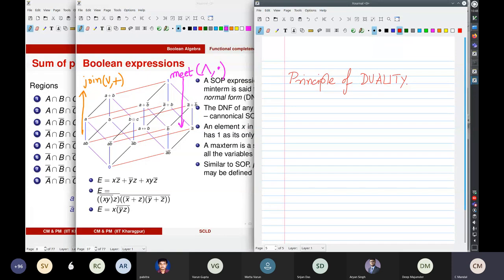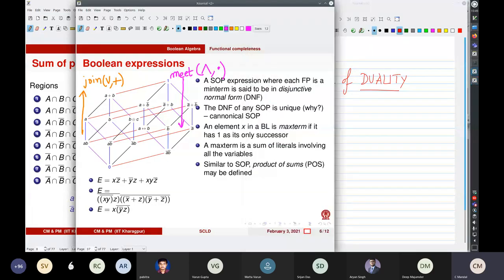All right. So you can interchange these operators, and so any theorem in Boolean algebra has a dual which you can obtain by interchanging the operations.